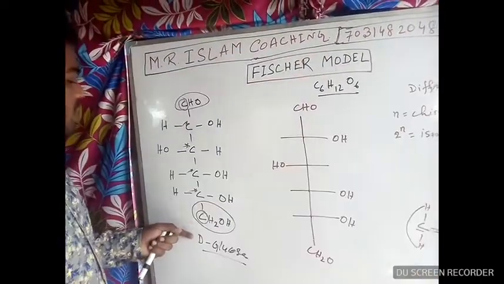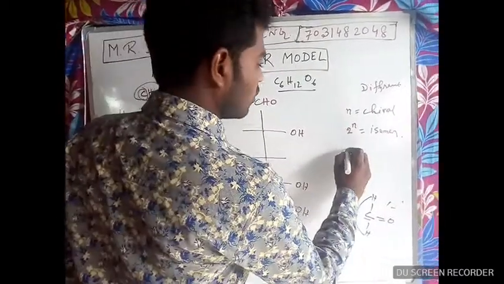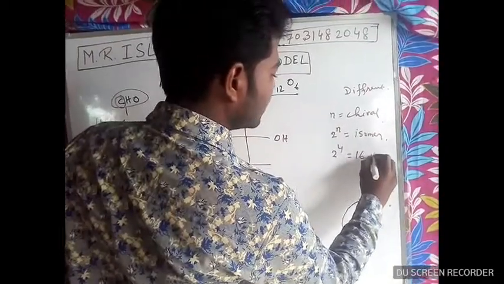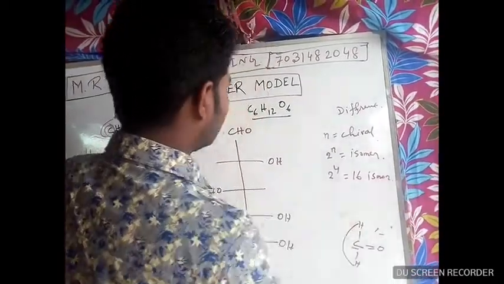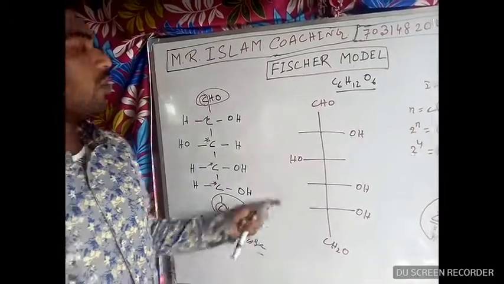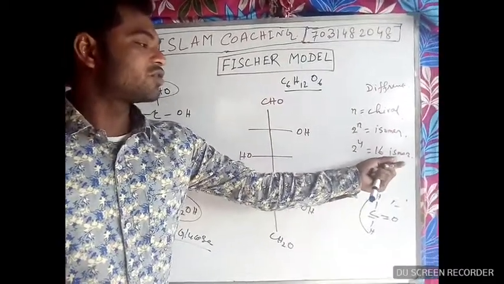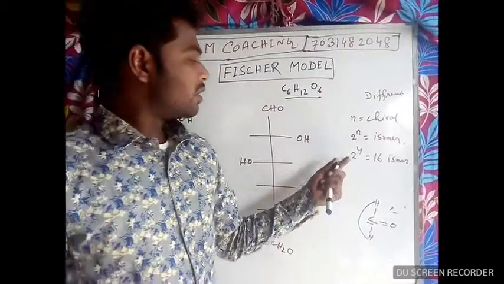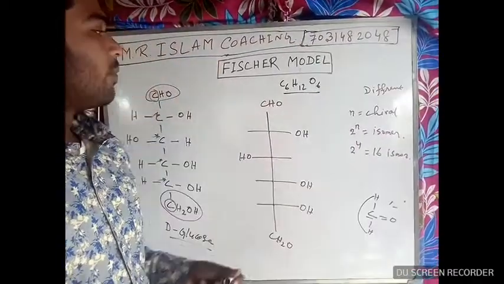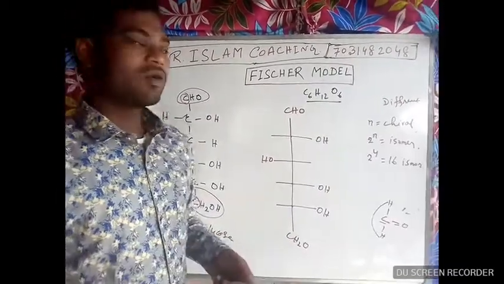The glucose structure has 4 chiral carbons, so 2 to the power 4 equal to 16 isomer. We see the D-glucose or glucose has so many isomers, or 16 isomers. Here we see 2 to the power 4 equal to 16 isomer. We know the glucose has so many compounds.